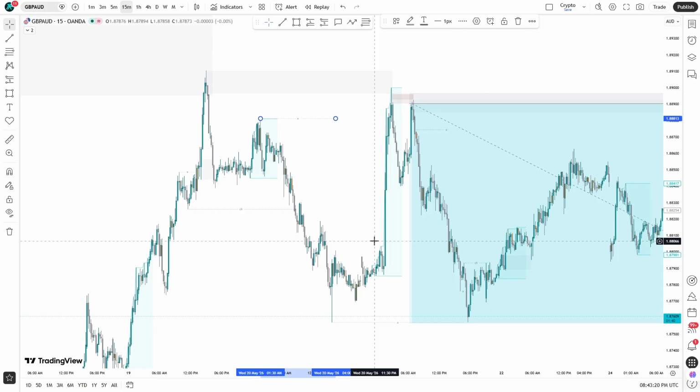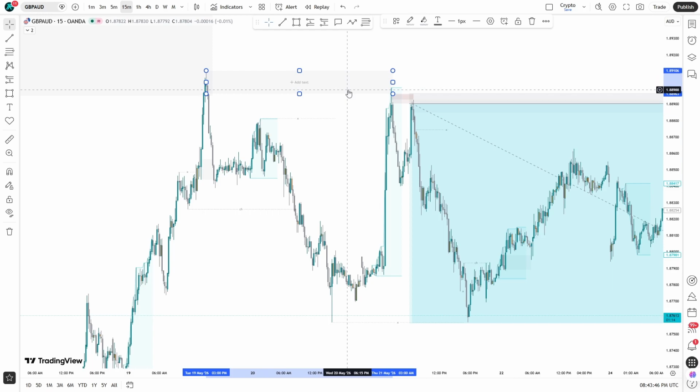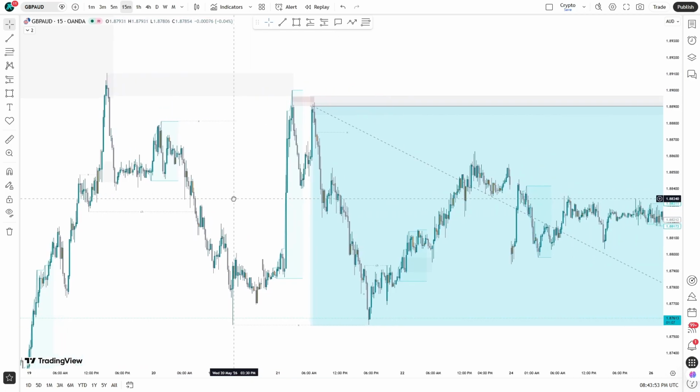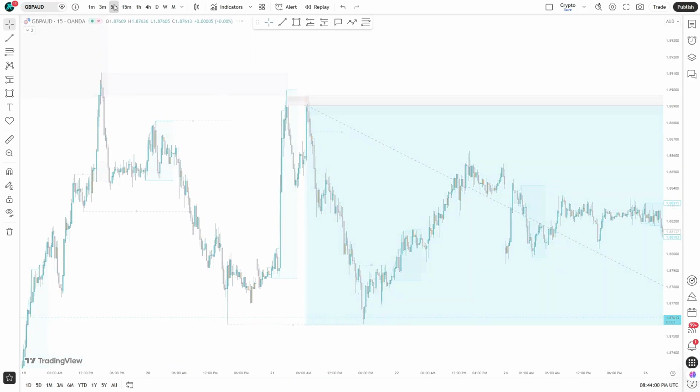Since we had a very quick rejection of this zone, I noticed that that's a good area to find an entry. For this one, I didn't enter the first trade. I was waiting for the confirmation. So I entered here. So let's go to the lower time frame to see what actually happened.